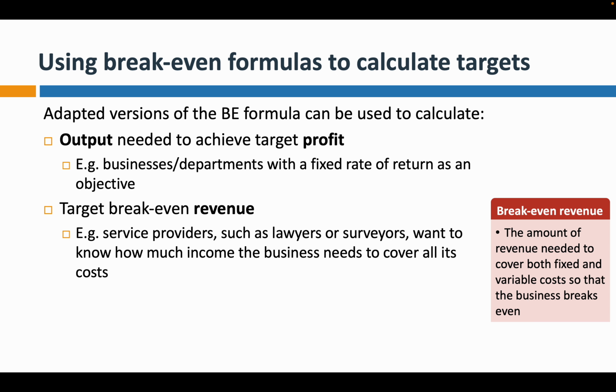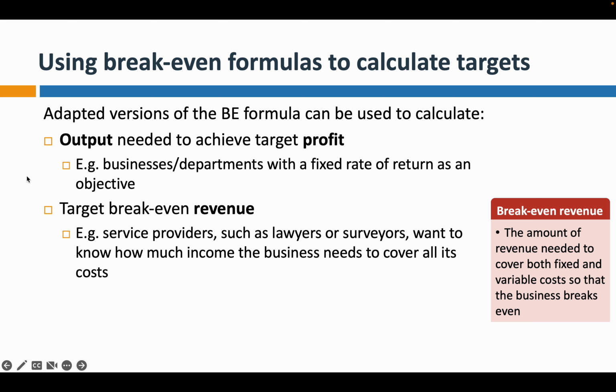What would be the total sales for me to break even? So here we wouldn't be interested in the target profit, but the target break-even revenue. Break-even revenue can be defined as the amount of revenue needed to cover both fixed and variable costs so that the business breaks even. So here we will not be interested in the level of output, but in terms of money, the sales.